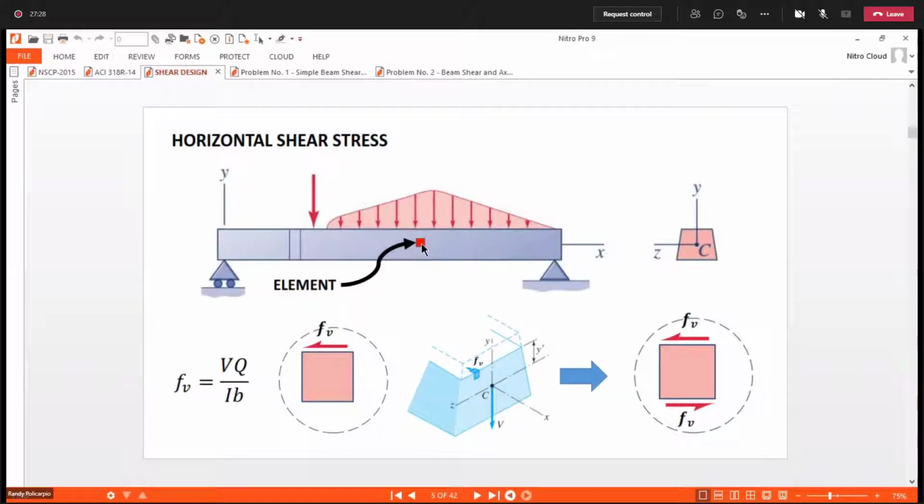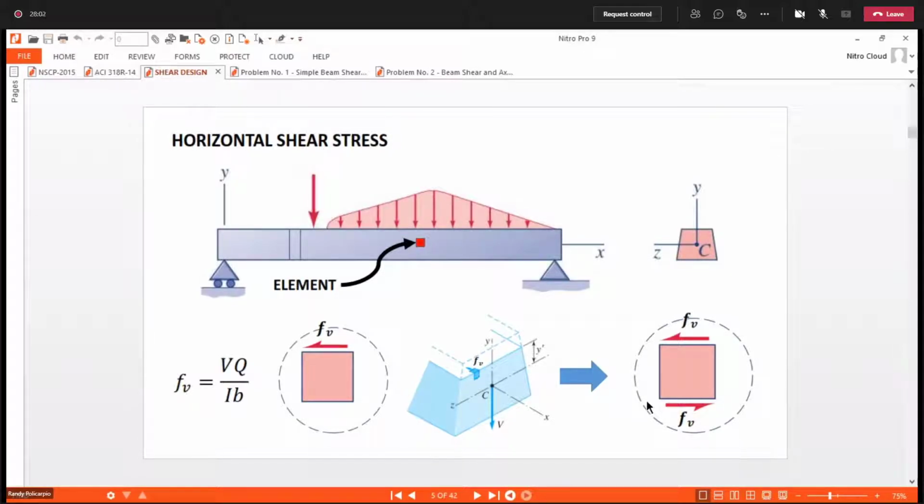When we consider an element here, there will be a shear stress at the top of this element. That is the horizontal shear. And since this is very small, infinitesimal in its dimension, the shear stress at the bottom of this element is actually equal in magnitude to the top, only opposite in direction.